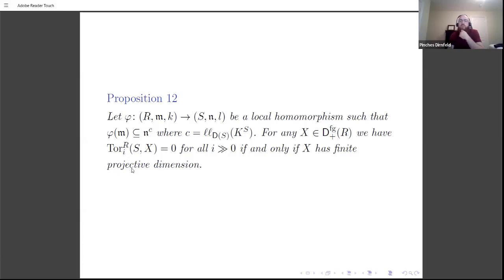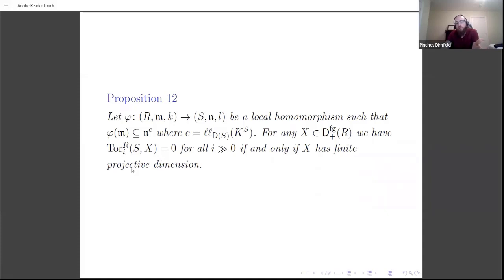So let me just point out what is happening here. If I'm assuming this phi takes M into M^C, where C is the Loewy length of K^S, then multiplication on K^S by any element in R is really multiplying with something in M^C. But since C is the homotopical Loewy length, if you multiply anything by anything in M, you get 0, right?